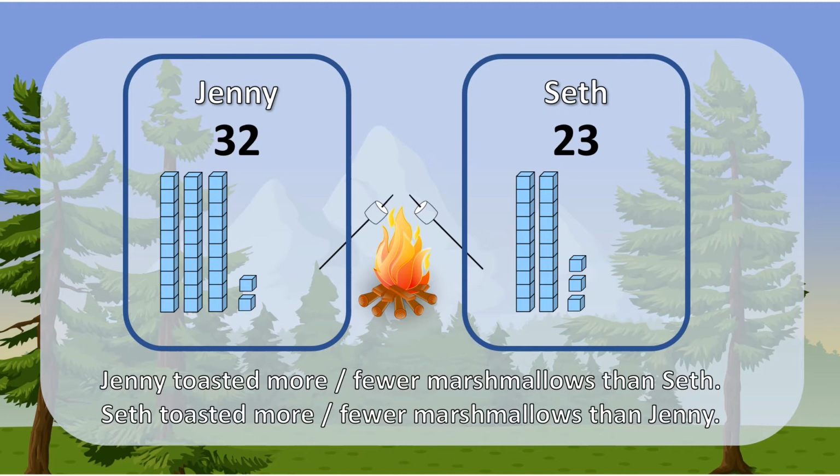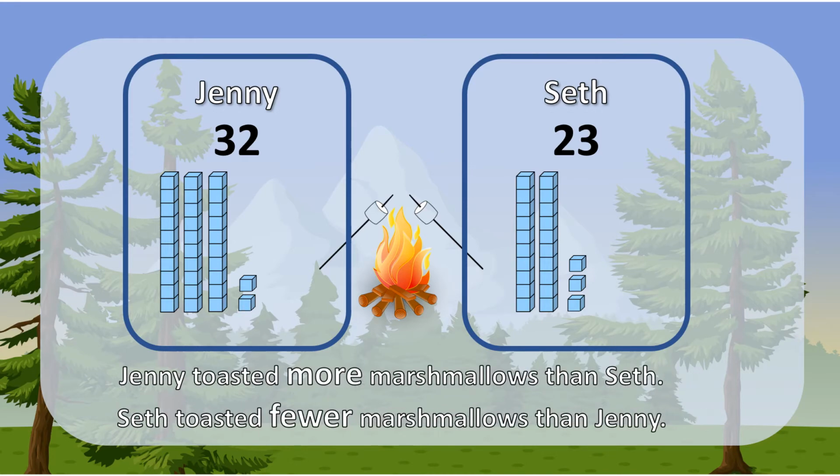Since Jenny has 3 tens in 32 and Seth has 2 tens in 23, we can say that Jenny toasted more marshmallows than Seth. We can also say that Seth toasted fewer marshmallows than Jenny.